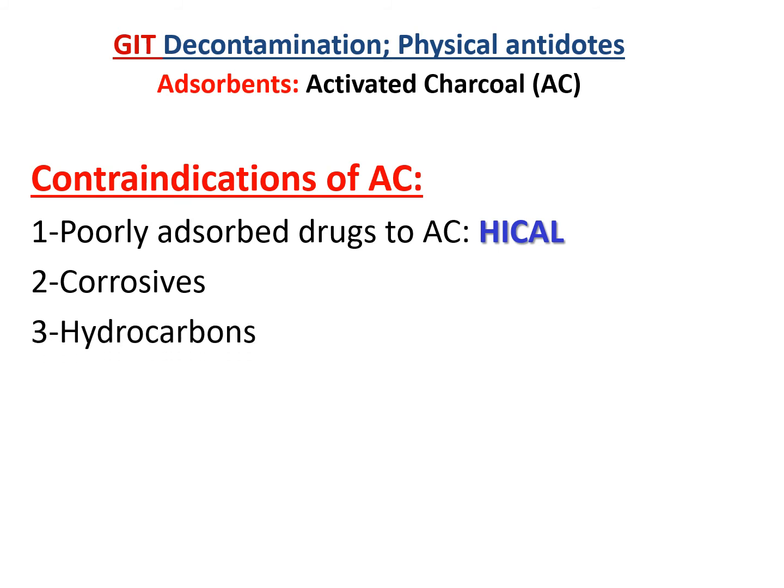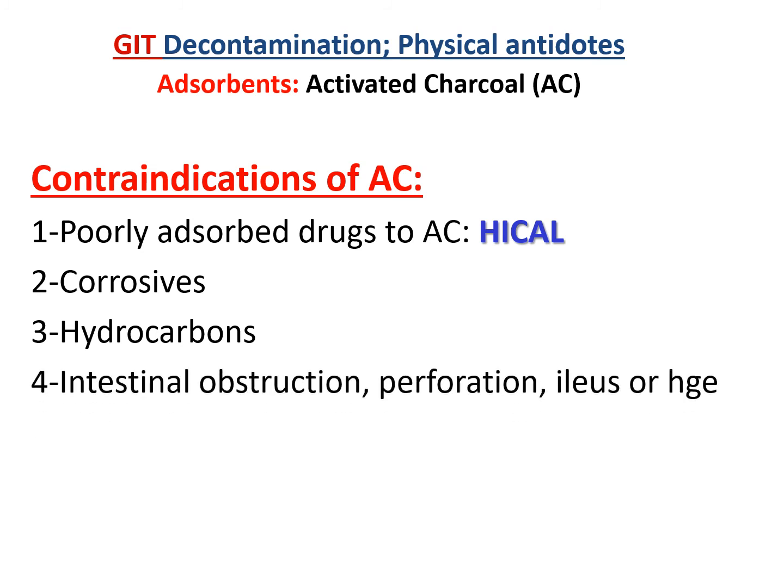Also, activated charcoal is contraindicated in hydrocarbons because hydrocarbons are not well absorbed to activated charcoal, and the sandy sensation of activated charcoal may induce vomiting, which will make the patient suffer from hydrocarbon pneumonitis or aspiration pneumonitis.